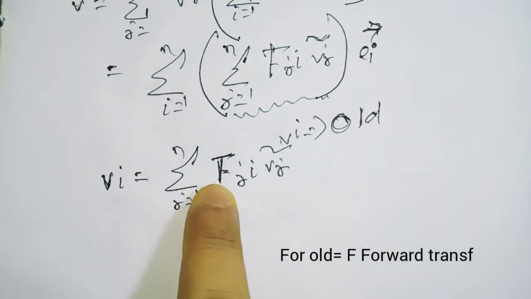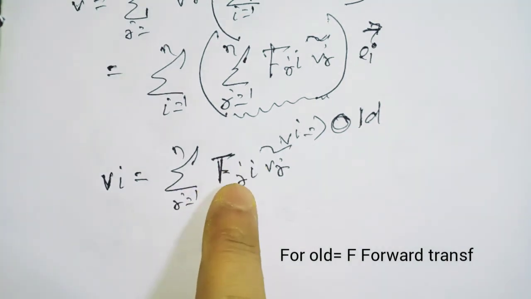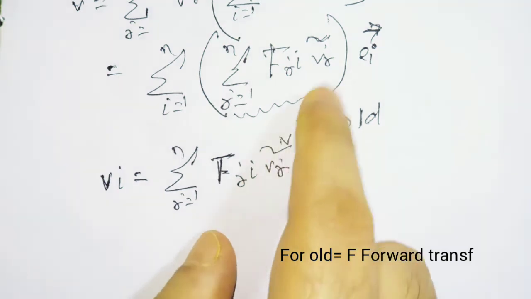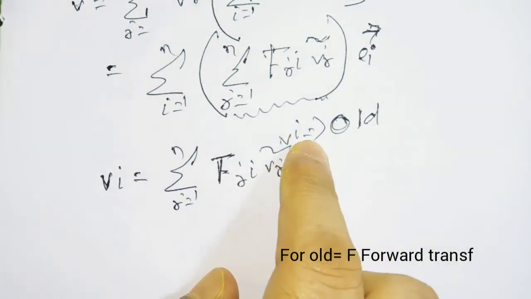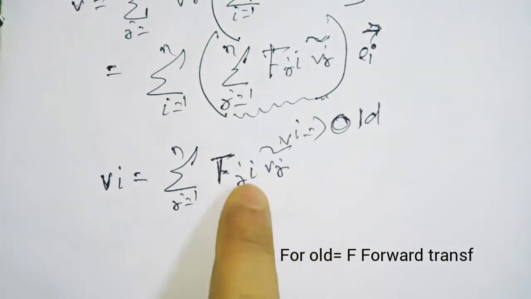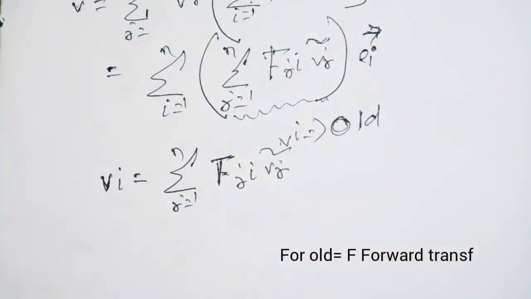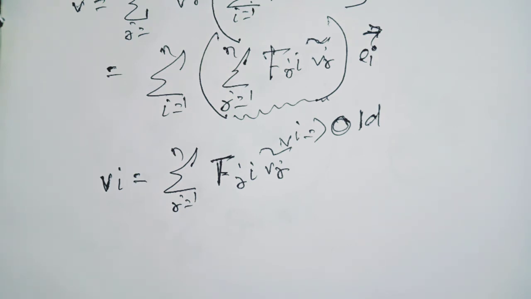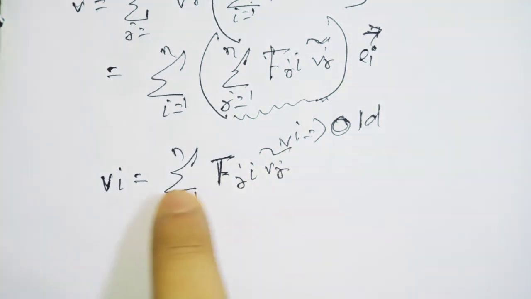This is the forward transformation. So this we have used, this one is the v_i, which is the old. So we are getting to the old using the forward, right? But it should be reversed. In general, going back to old means we are moving back, and going to new means moving forward. But here it has happened exactly opposite.